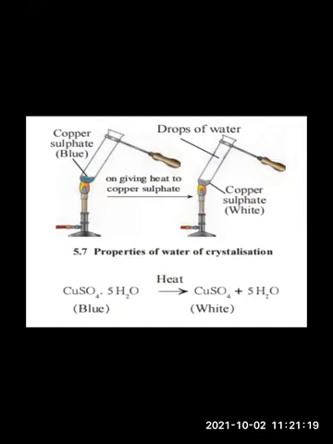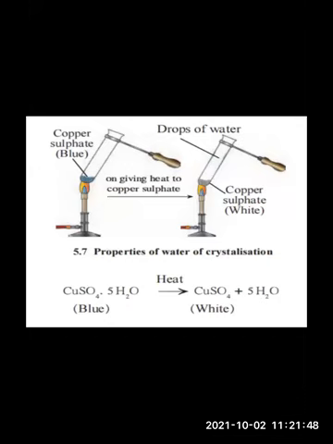Now we are moving to a few more experiments. That is the reaction of acid with oxides and metals. When acid reacts with any metal oxide, for example calcium oxide plus HCl, what is formed?